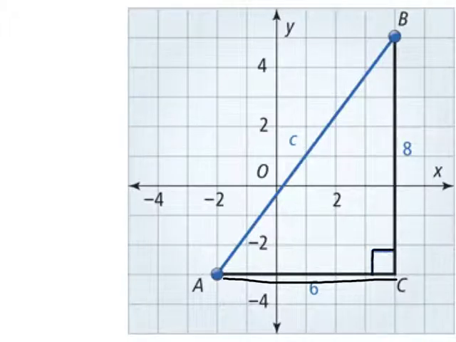This is where our right angle is, and we have 8 units up from C to B. Then if you know your triples again, you can save yourself the work and know that one of the triples is 6, 8, 10. So C is equal to 10. And it's really easy. That's how you find the distance of a line between 2 points. You use the Pythagorean theorem.